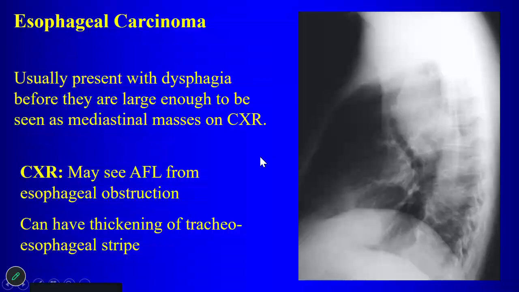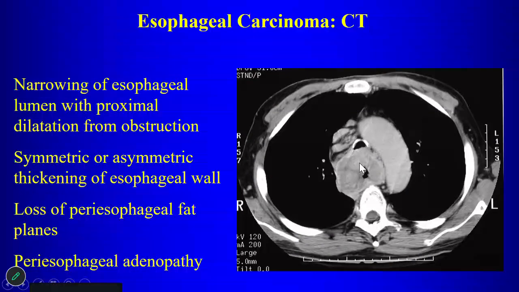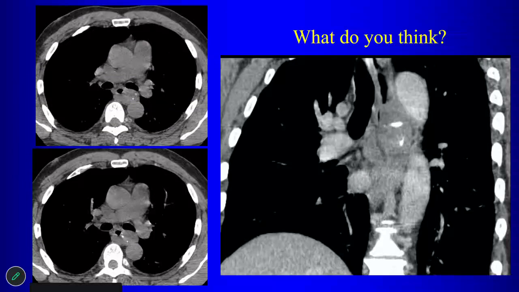That can give you thickening of the tracheoesophageal stripe and cause obstruction of the esophagus. Although it's unusual to make the diagnosis on chest radiograph, as these usually present symptomatically before they get large enough to be seen. The typical appearance is circumferential thickening of the esophageal wall. Might also have adenopathy and other findings associated with esophageal cancer.